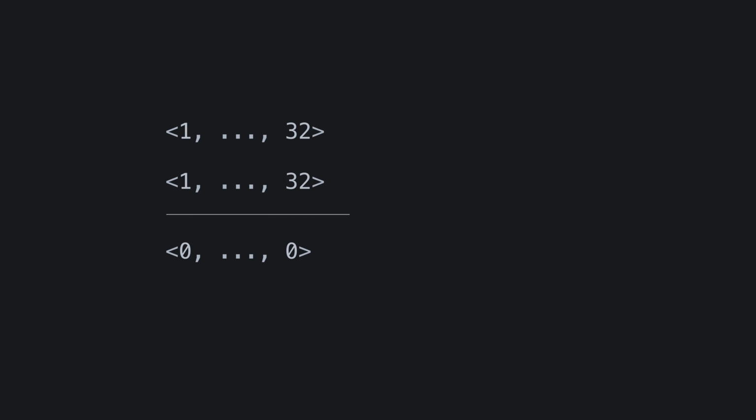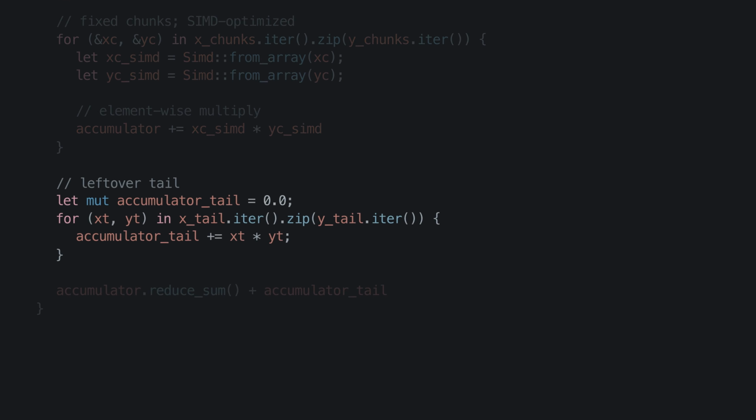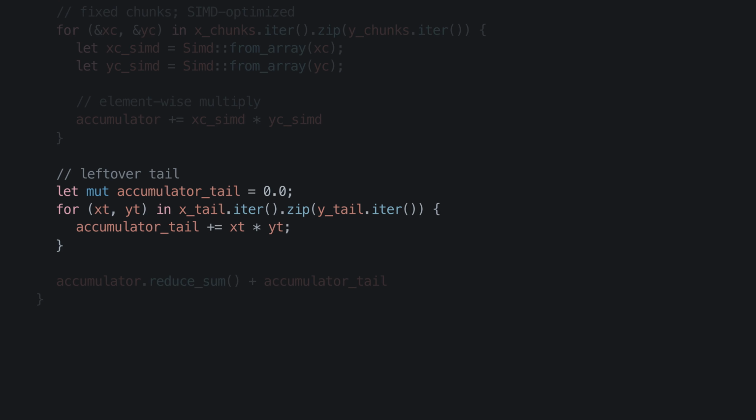It multiplies the two vectors element-wise, then adds the vector into the accumulator, all with parallel SIMD operations. Once the chunks are exhausted, we use the same scalar loop as before to handle the tail.